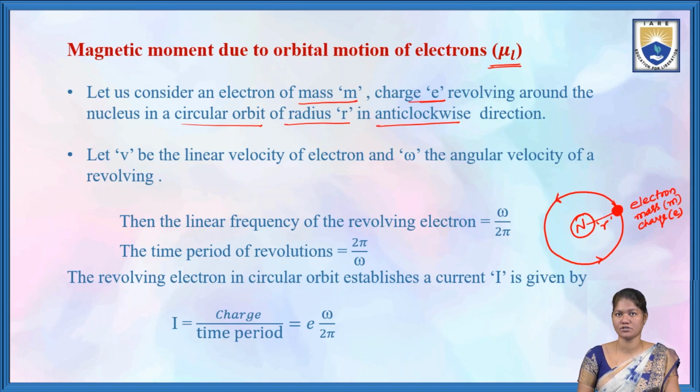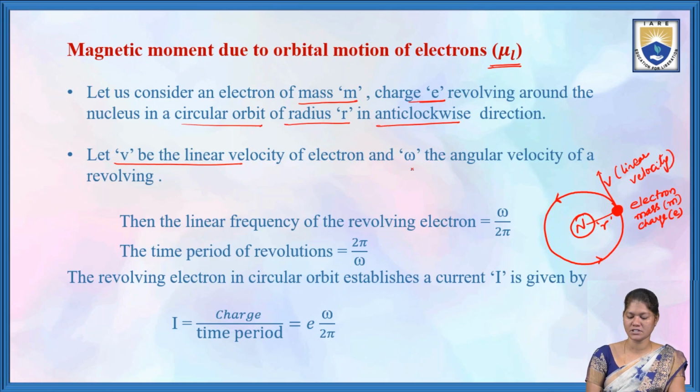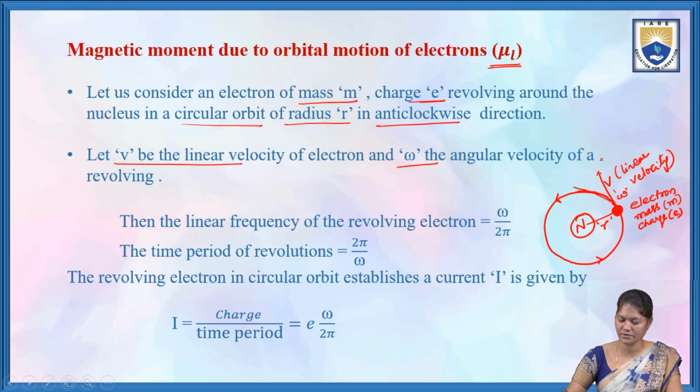Let v be the linear velocity, and let omega be the angular velocity of the electron.